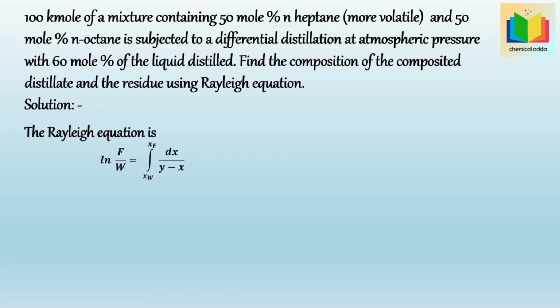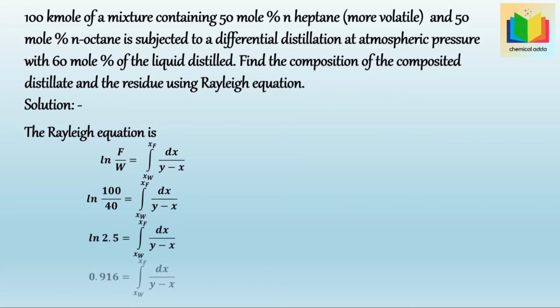So after putting the values of F and W, we get ln of 100 divided by 40 is equal to the integration of 1 by y minus x into dx from xW to xF. After solving this, we get 0.916 is equal to the integration of 1 by y minus x into dx from xW to xF.